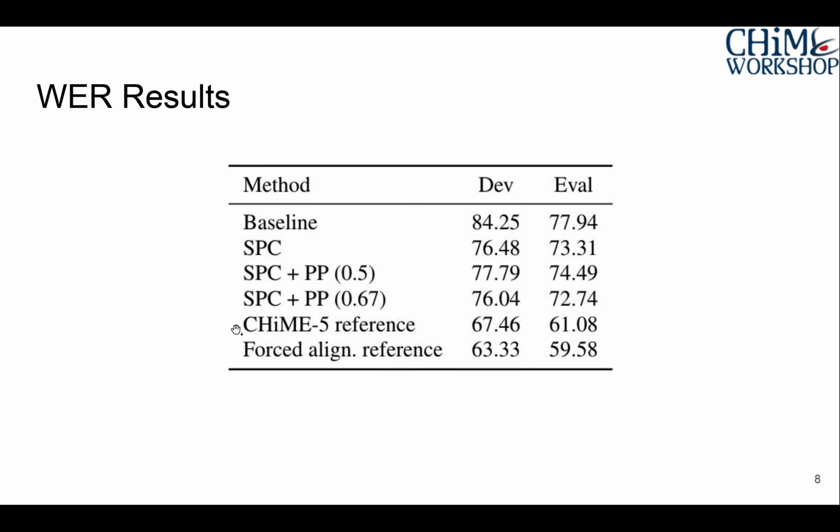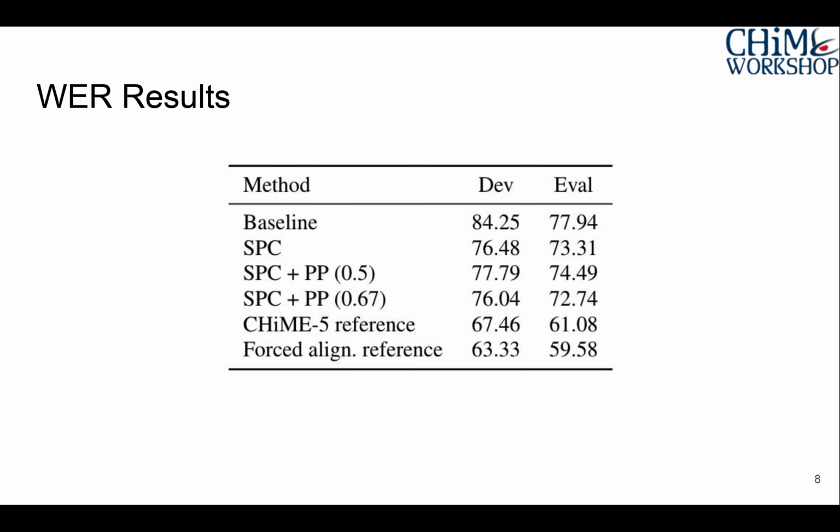We also compute the word error rate for the CHiME 5 reference and the forced alignment reference, which means we use these two RTTMs as the input for the decoding. And we found that the forced alignment reference got lower word error rate for both the development set and the evaluation set.